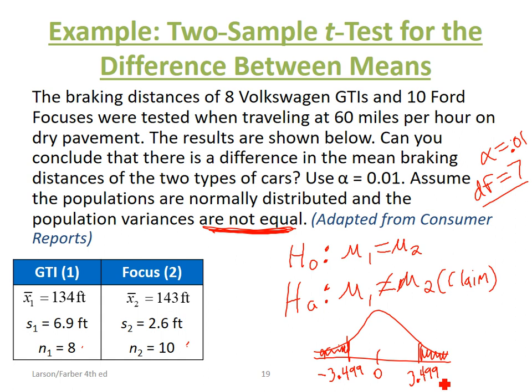So we have that. We got our H0, Ha, and we got our little graph. Next thing, and this is where you need to get your calculators out. Make sure that you know how to punch this in. Go to Stat, Test.